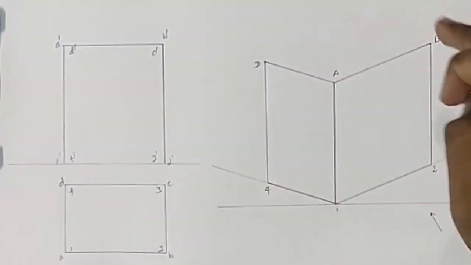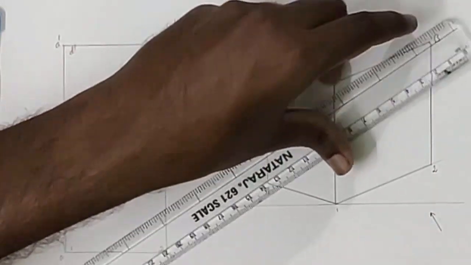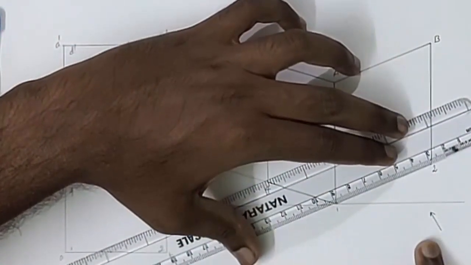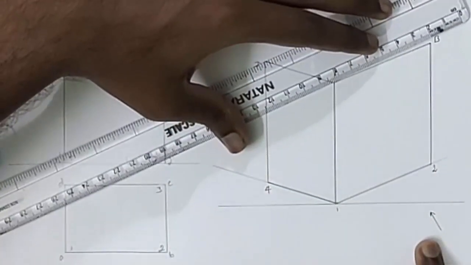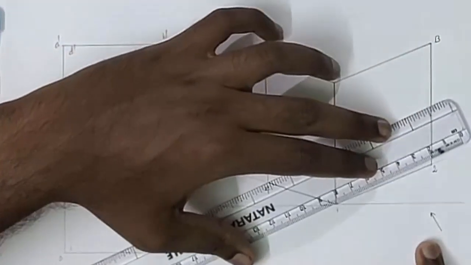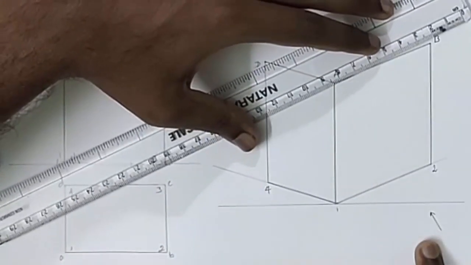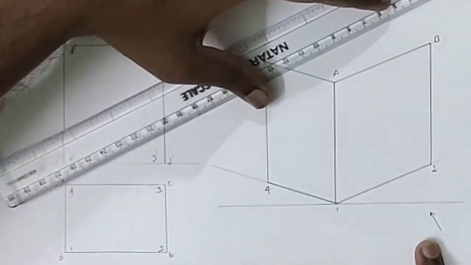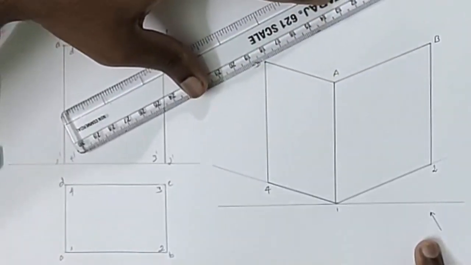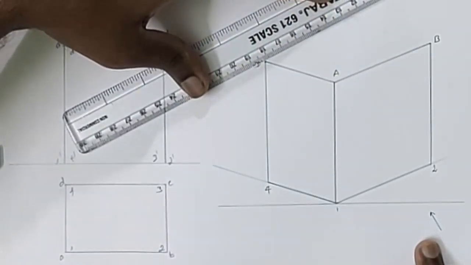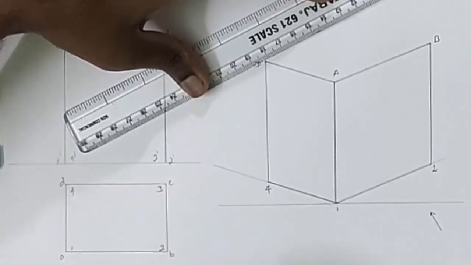So if I want to complete that figure, at the same 30 degrees, the line 1, 2 is at 30 degrees. Similarly, AB will also be at 30 degrees. Similarly, I will draw the line DC at 30 degrees.